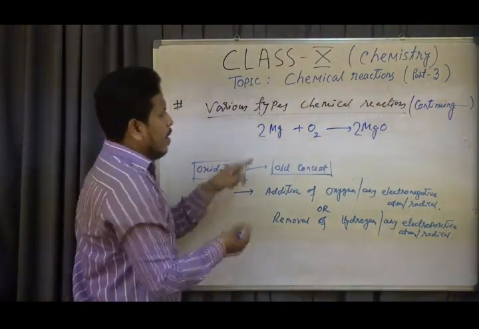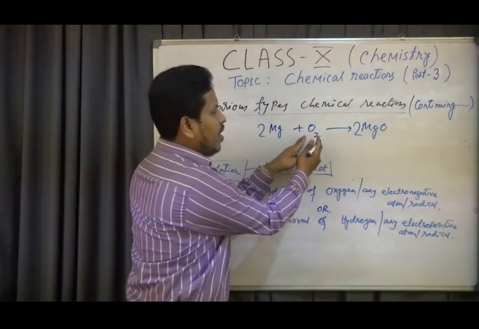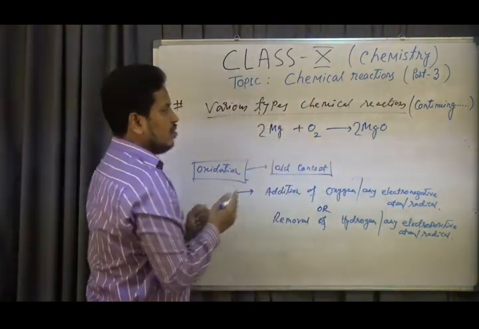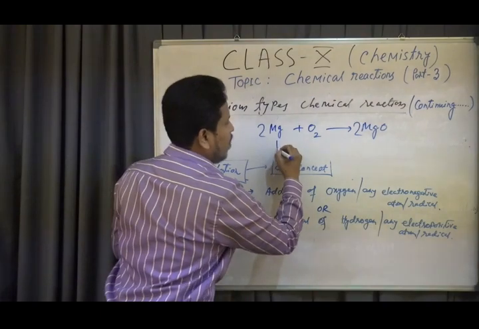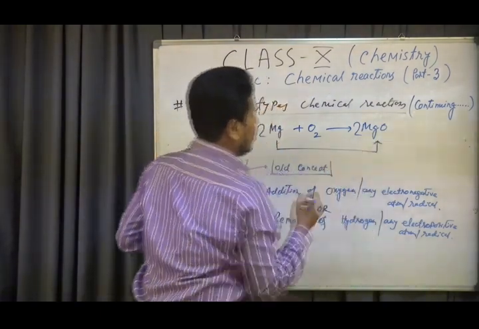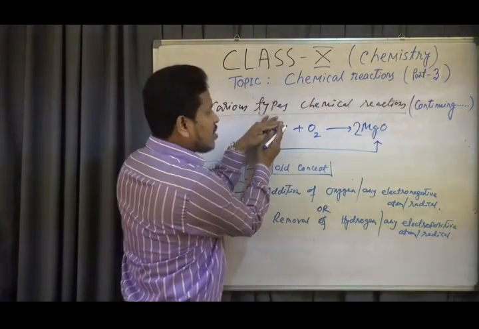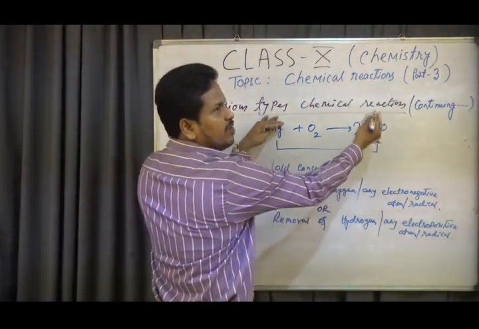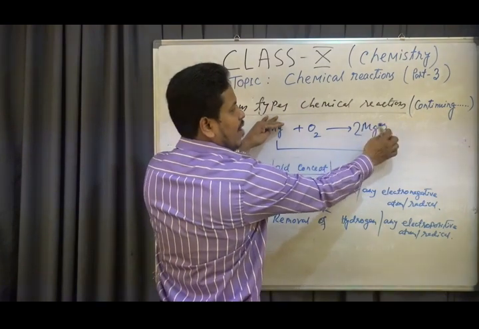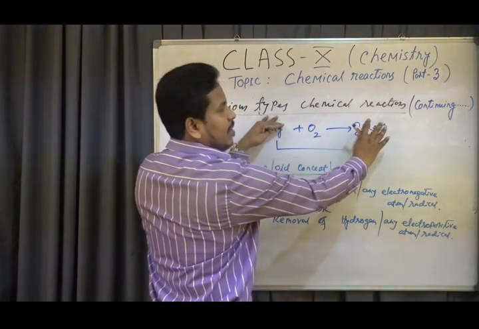In this reaction, magnesium combined with oxygen to give magnesium oxide. Magnesium is the reactant, the product is magnesium oxide. So magnesium is converting to magnesium oxide. In this product, magnesium is combined with oxygen, which means addition.